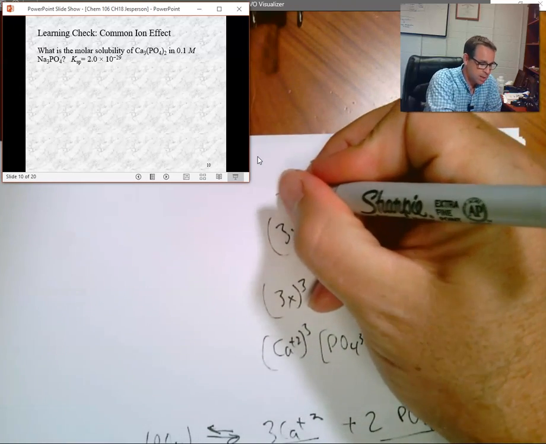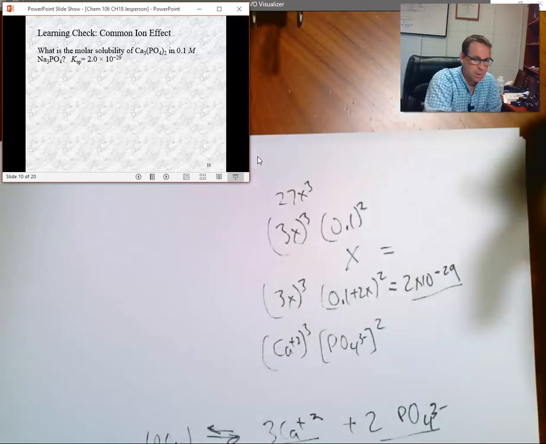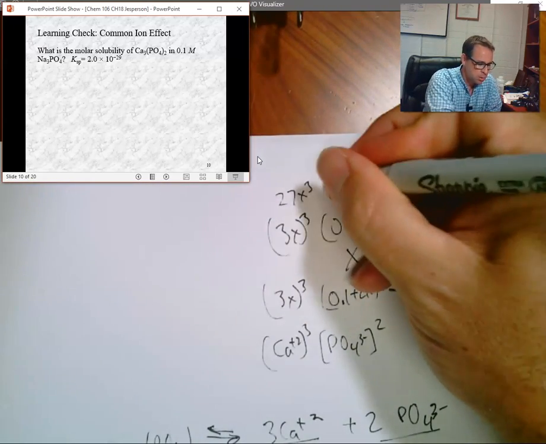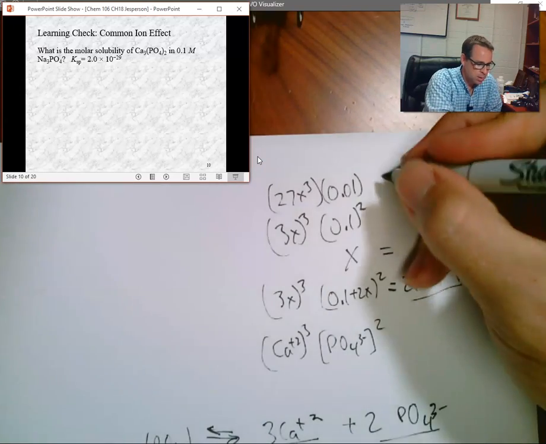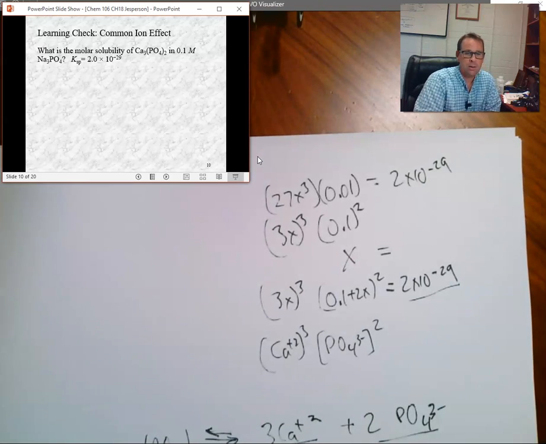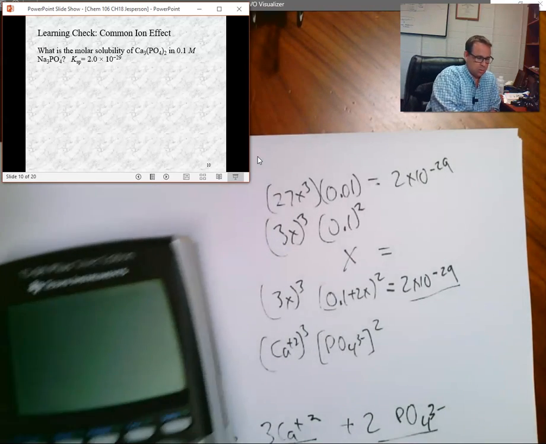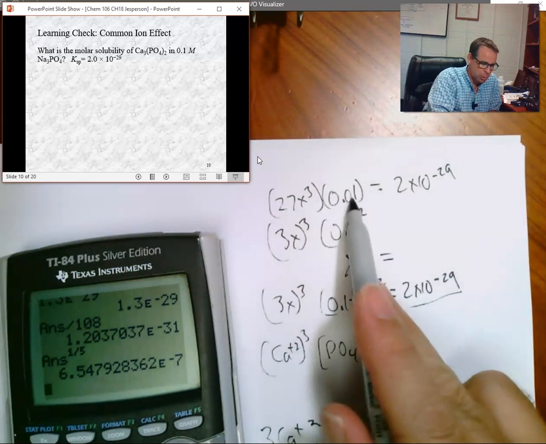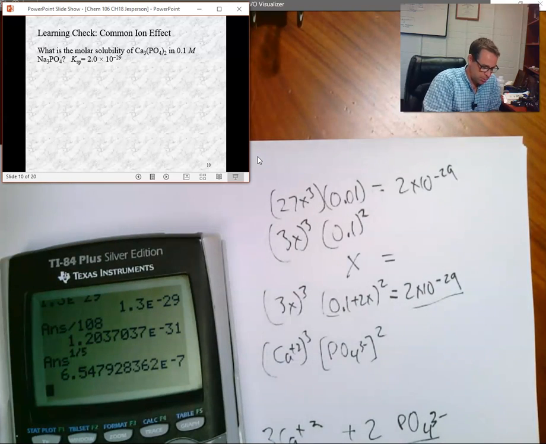This is 27x cubed. I know because we've done that a lot, right? 0.1 times 0.1 is 0.01. Okay, this equals 2 times 10 to the minus 29. And then we can just solve that in our calculator. It doesn't matter if I multiply this through or divide it individually.